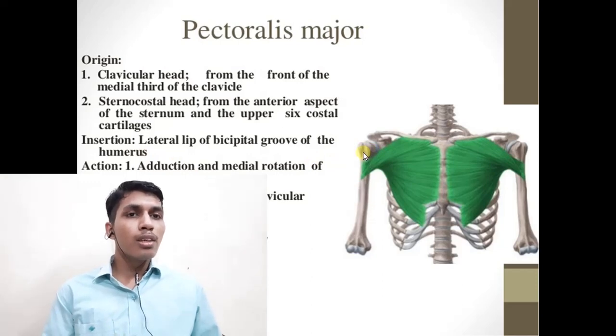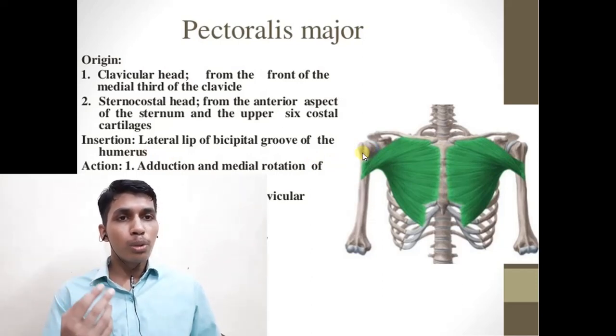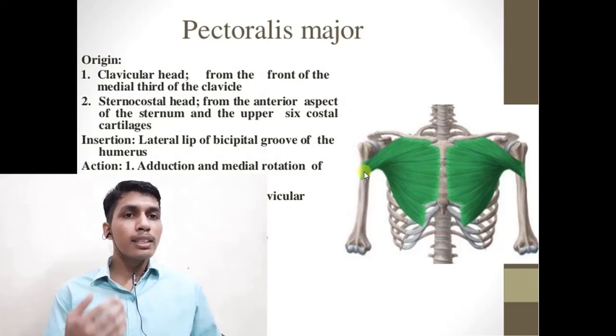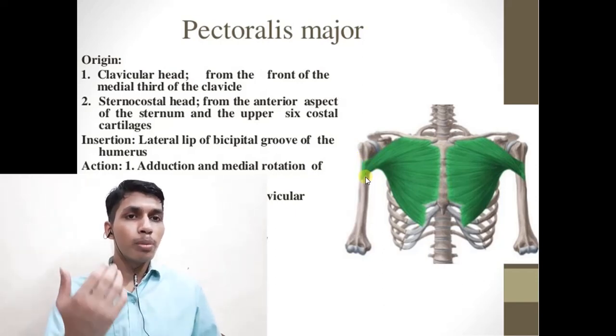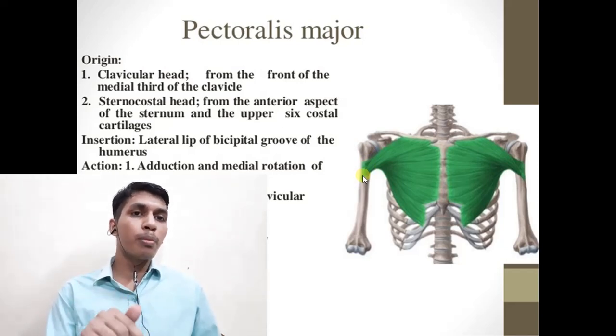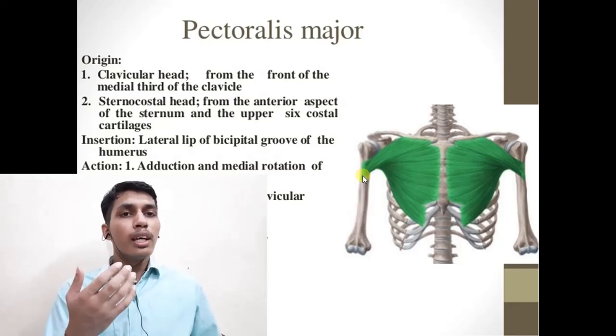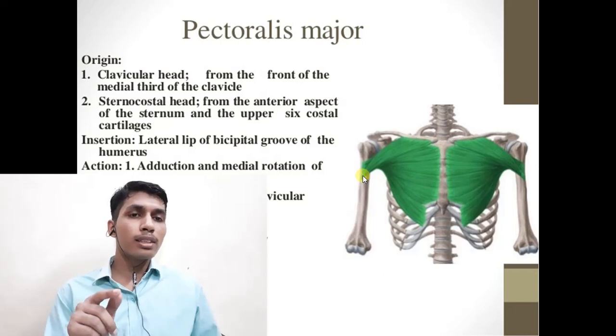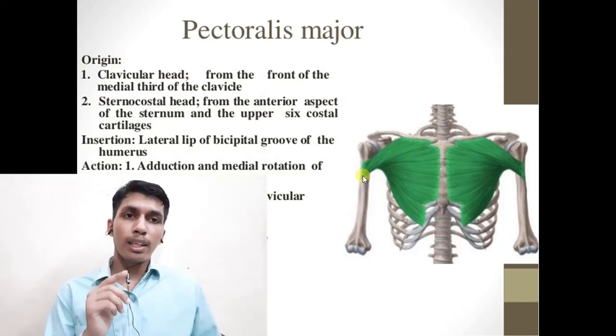In the humerus we study there lie two tubercles, the greater tubercle and the lesser tubercle, and in between these two tubercles lies the groove known as the intertubercular sulcus, intertubercular groove or the bicipital groove. At the lateral lip of that groove lies the insertion of the pectoralis major muscle, and also an insertion lies to the crest of the greater tubercle.